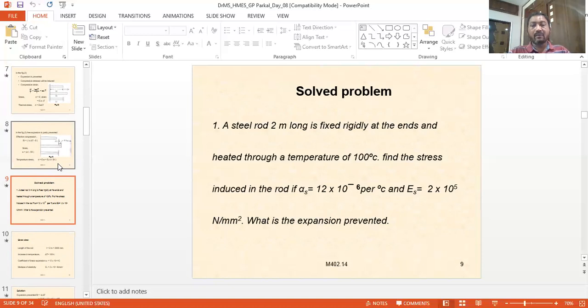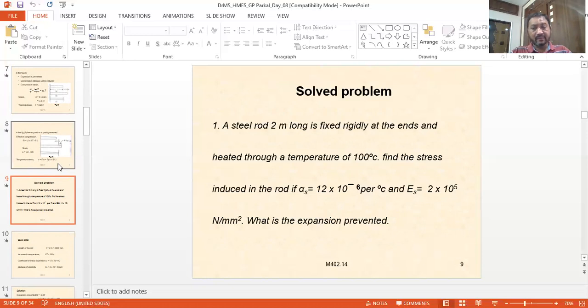Now we can write down this problem and accordingly we'll solve it. A steel rod 2 meters long is fixed rigidly at the ends and heated through a temperature of 100 degrees centigrade.